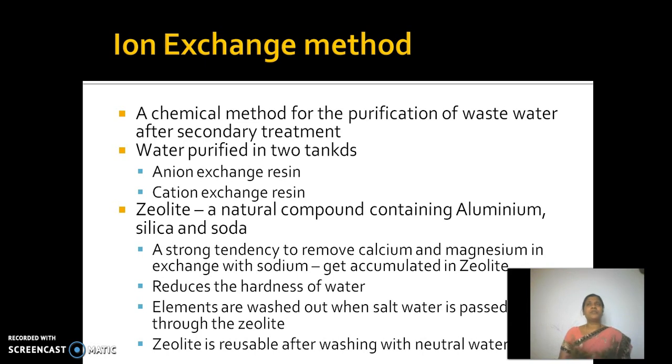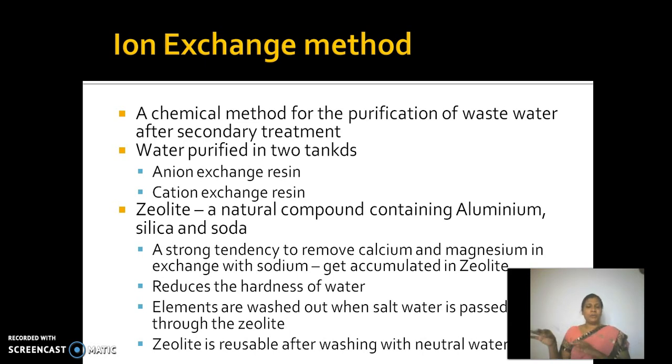So you can think of zeolite like some skeletal material which consists of a lot of pores and which is made of aluminium, soda, silica and so on. So when you use this in the sewage water, in the ion exchange method, this will absorb all the calcium, magnesium. So calcium and magnesium get accumulated in the zeolite.